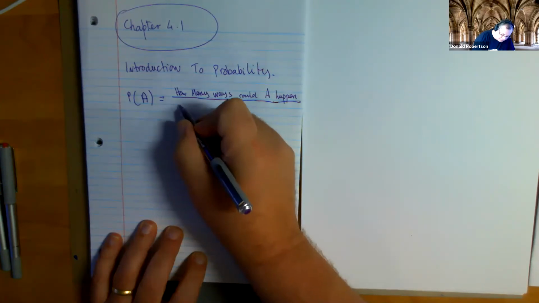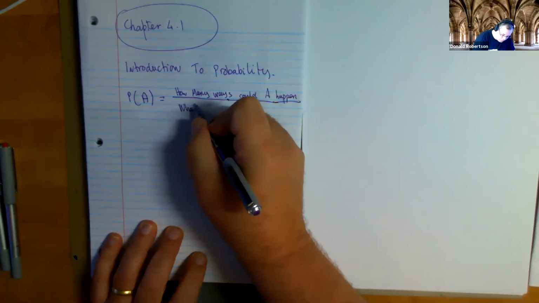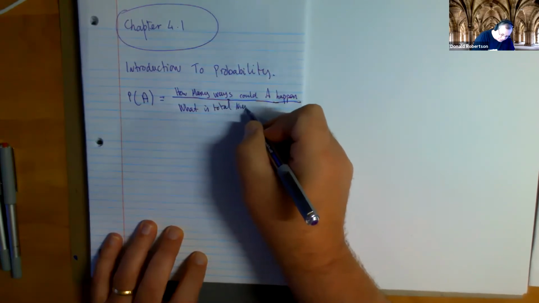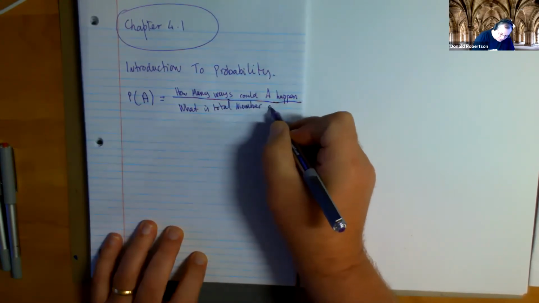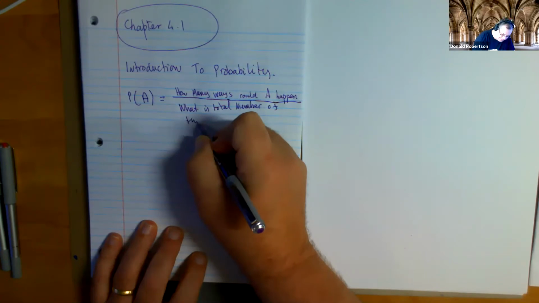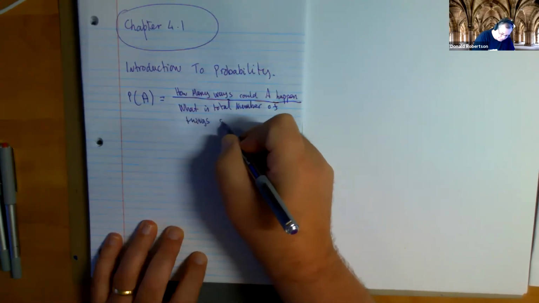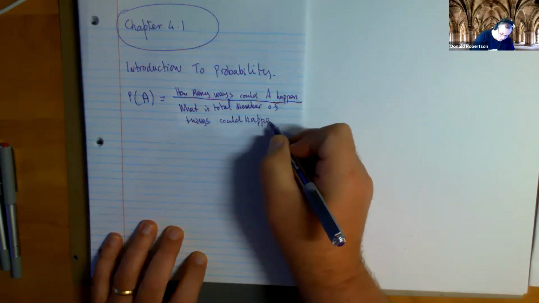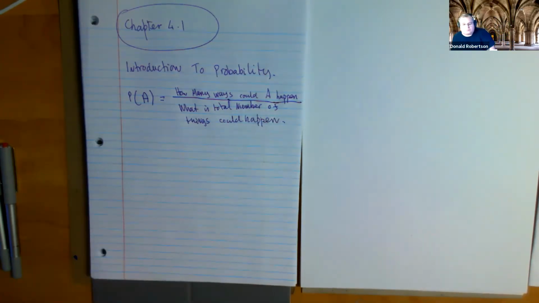And the bottom number is what is the total number of things that could happen? So that's a rather long-winded way of generalizing it.